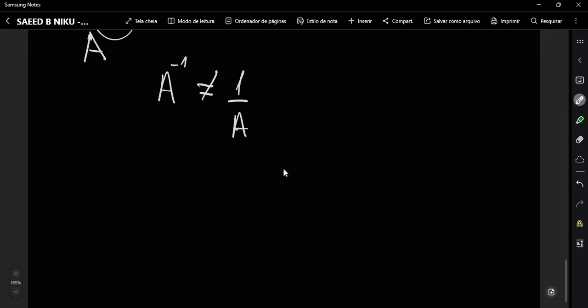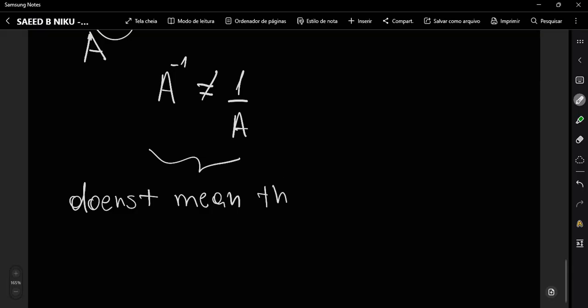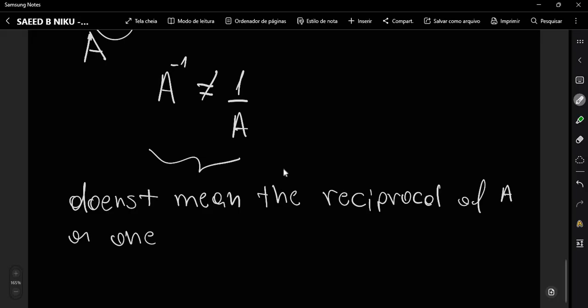So that doesn't mean the reciprocal of a, or 1 over a.